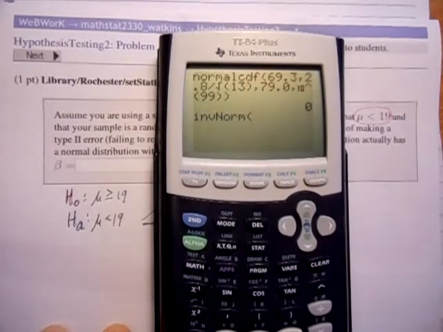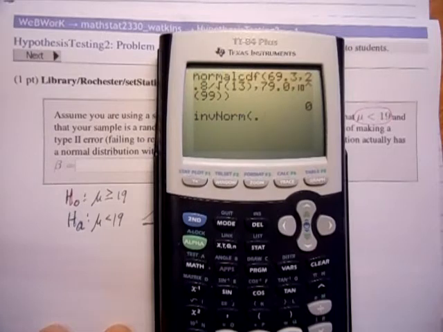The syntax for this particular command is that you need to tell it what the probability is, 0.05, comma, tell it what the mean is, 19, and tell it what the standard deviation is.